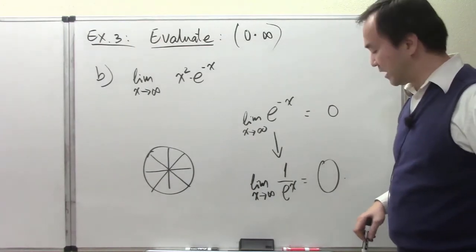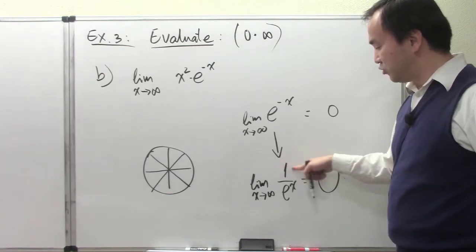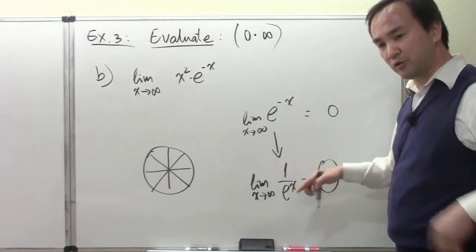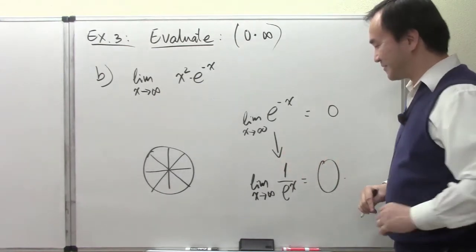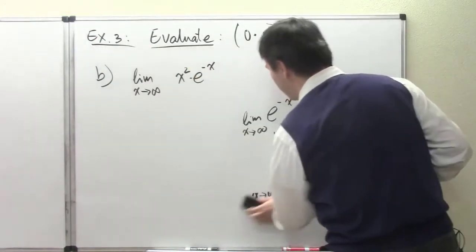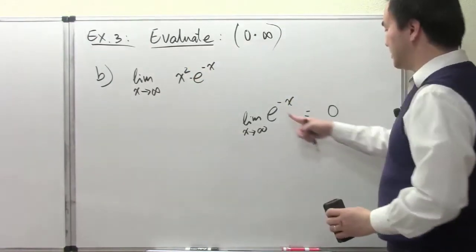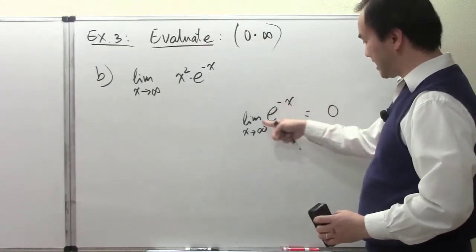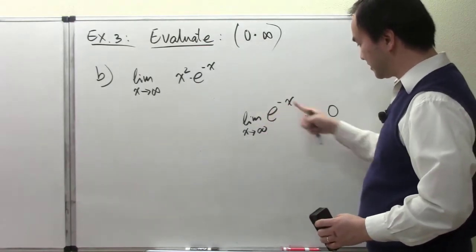The overall quotient will become 0 anytime the numerator is constant and the denominator grows bigger and bigger continuously. In that way, we now know that e to the minus x, as x approaches positive infinity, is 0.